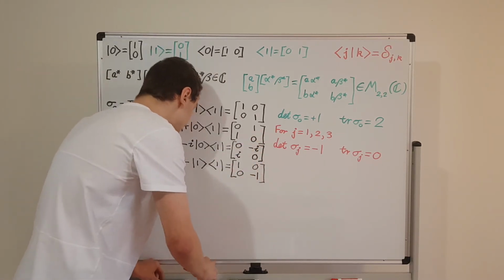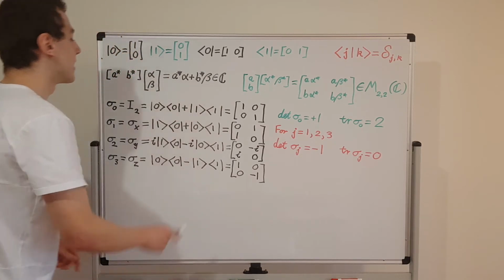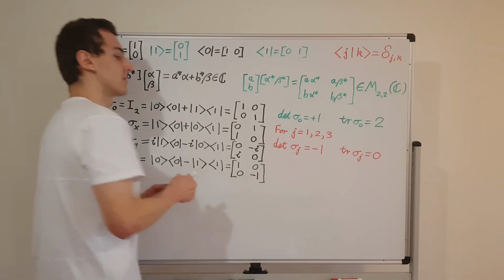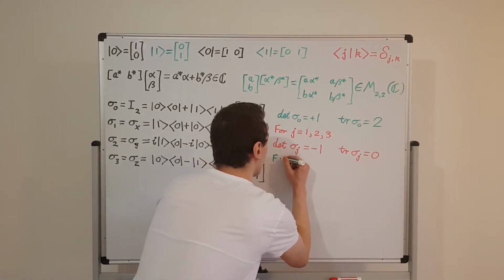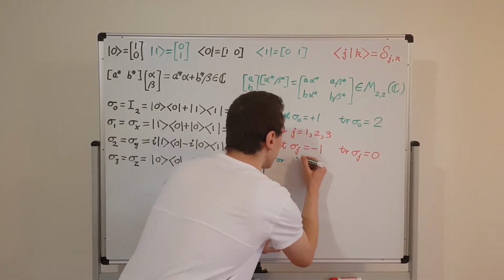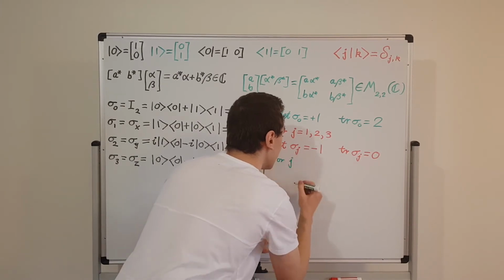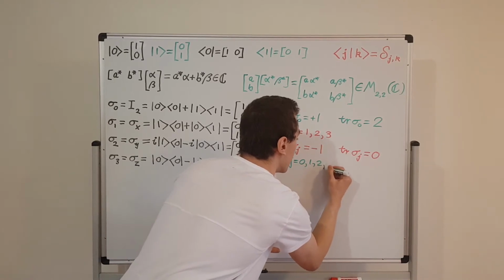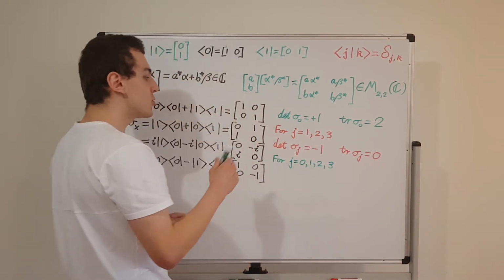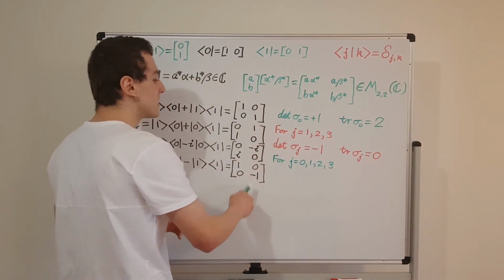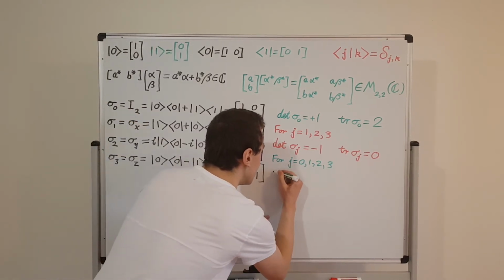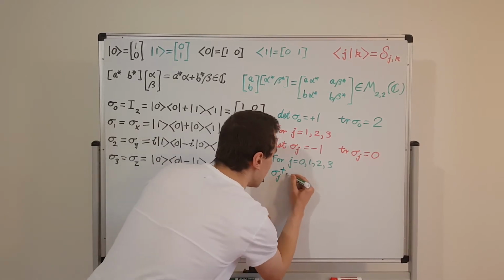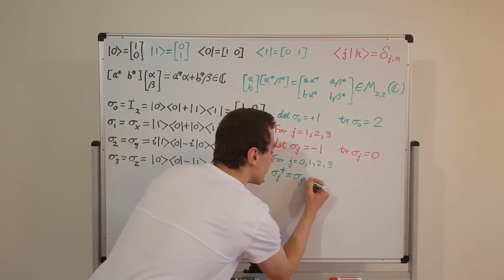But now let's consider including this identity operator over here. Let's consider all four of these matrices. So I'll write this underneath for all four of these guys. So for j equal to 0, 1, 2, and 3, there's an interesting property. All of these matrices are Hermitian. So that means sigma j with a dagger over here, the Hermitian adjoint, is equal to sigma j.